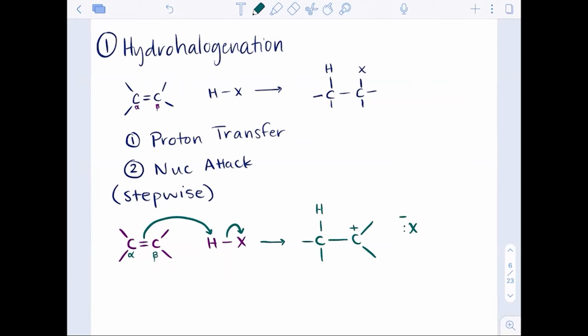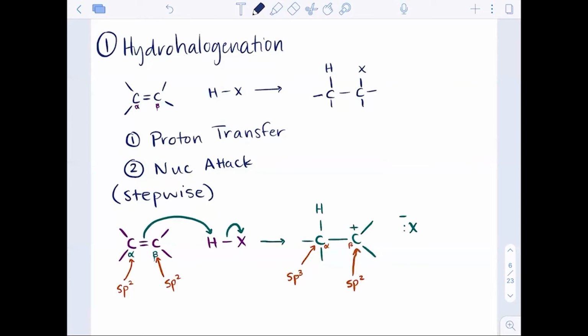Notice in this reaction, I have created something that now is sp3 hybridized from an alpha carbon that was sp2 hybridized. Our carbocation, our beta here, is still sp2 hybridized in this reaction. Nothing has changed for that beta at the moment.